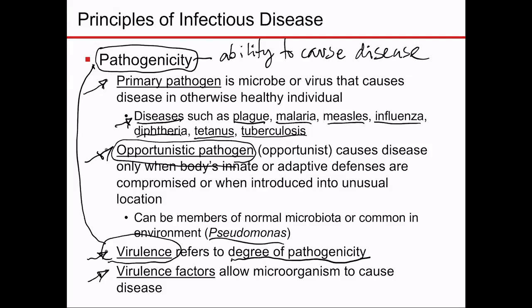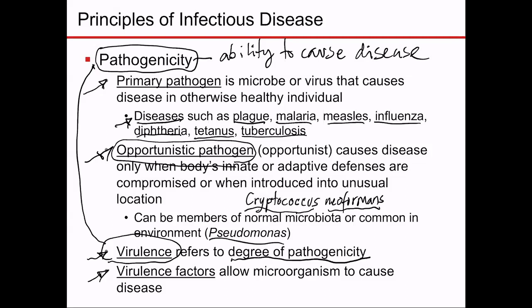For example, we could be talking about an opportunistic pathogen I was mentioning, Cryptococcus neoformans. There are different strains of Cryptococcus neoformans.